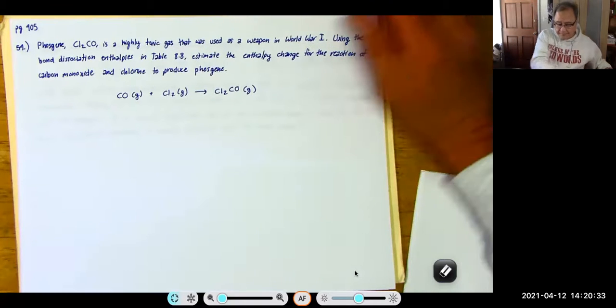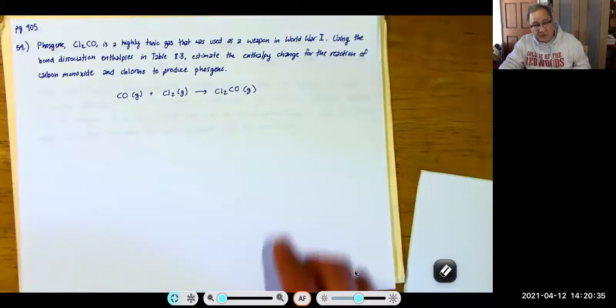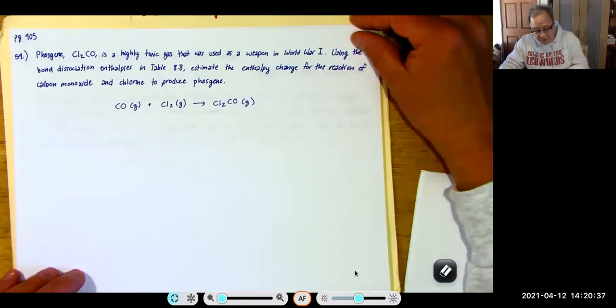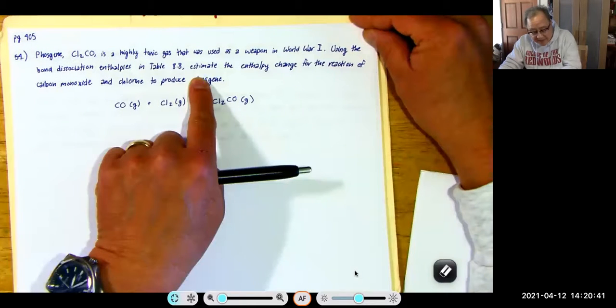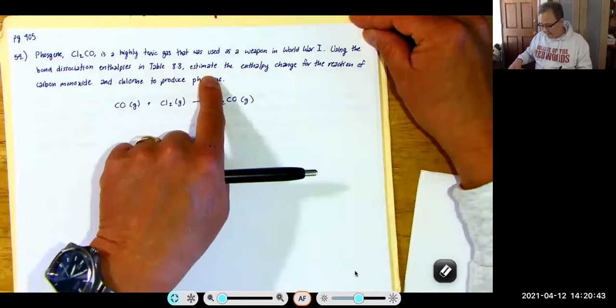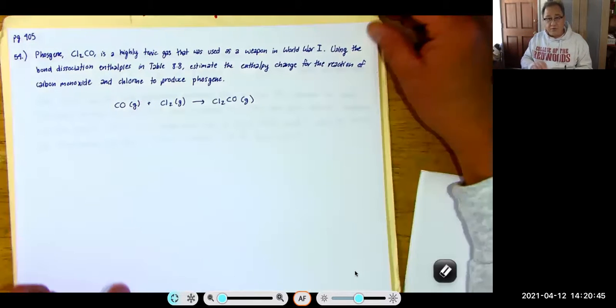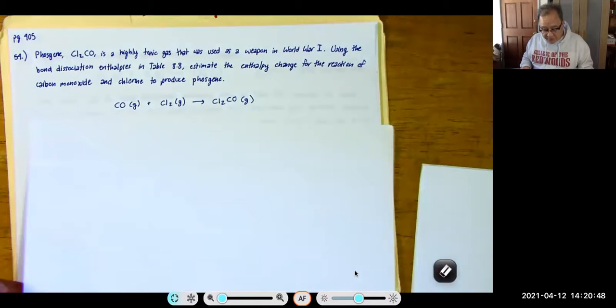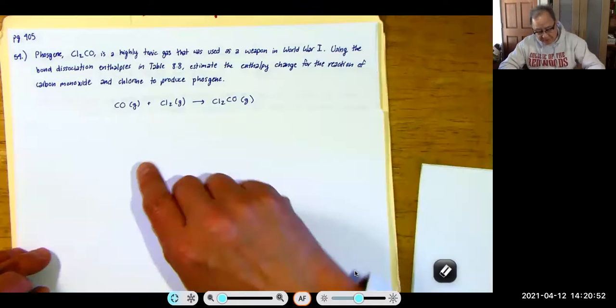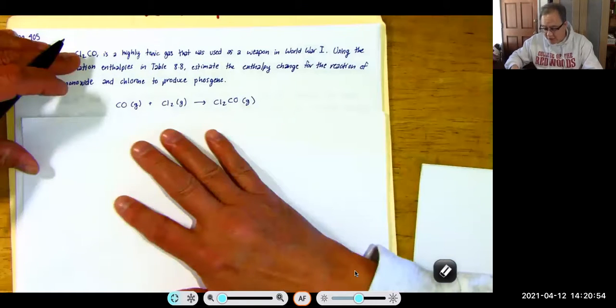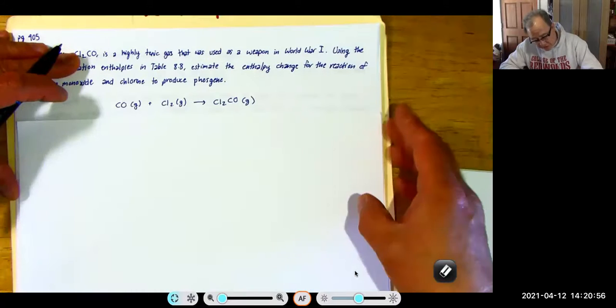Okay, so here's one of the type you guys were talking about. Using bond dissociation enthalpies, estimate the enthalpy change for this reaction. So I think we'll stop after this one, if that's okay. Okay. So if we're going to do this, maybe we start off with the equation. The equation looks like this.